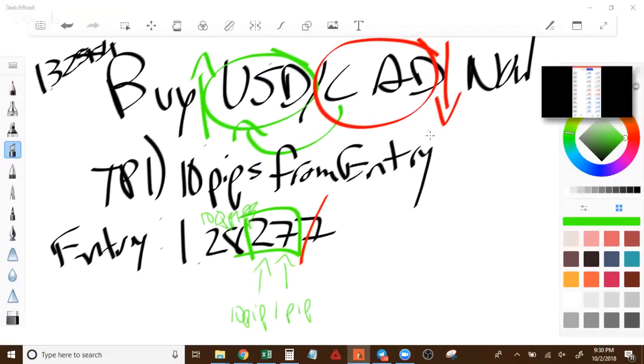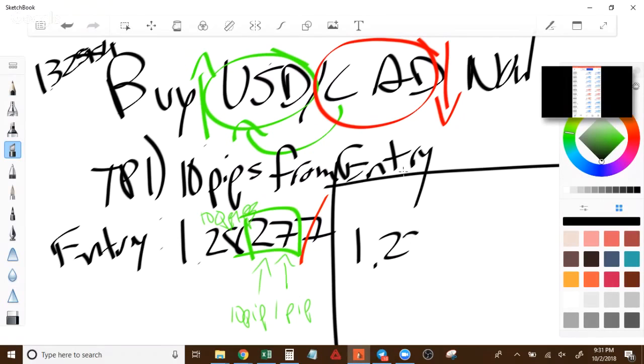So let's continue. So now, being the fact that we have that, what I want to do now is find out, okay, what's 10 pips from my entry price? Well, if that's the entry price that we got into, 1.28277, right?